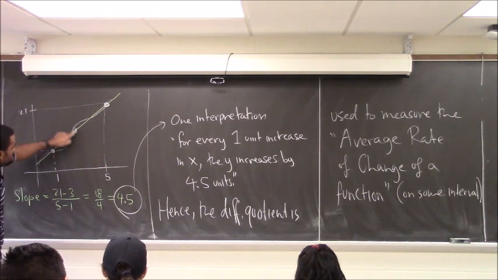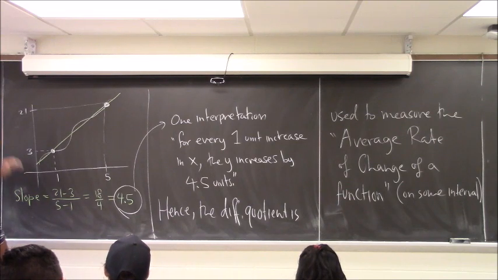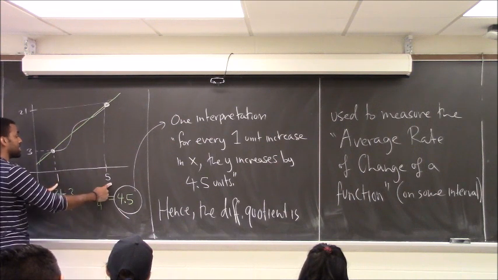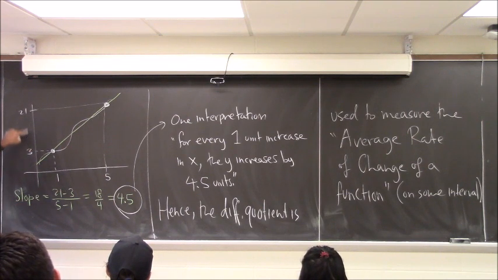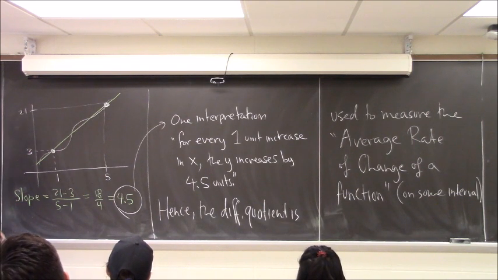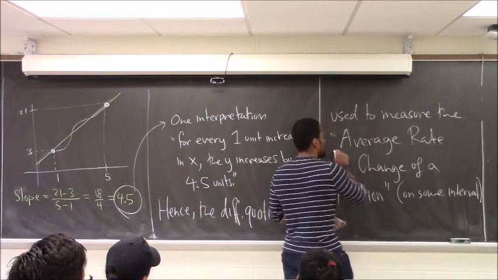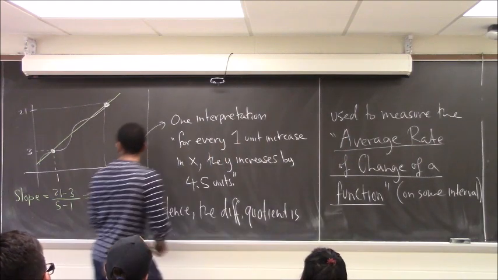Now, it doesn't have to specifically be doing that at every single location, but overall, if I realize that I actually moved 18 units, if I realize that in the x I actually moved 4 units, then I know for every one of those units, I would actually increase by 4.5 units. So the difference in this is going to be 4, the difference in that is going to be 4.5 times that. So that's called the average rate of change. So whenever you see that phrase, that's also referring to the difference quotient.